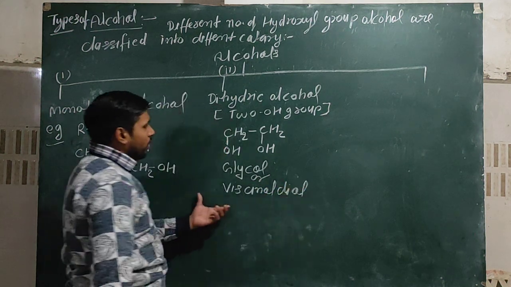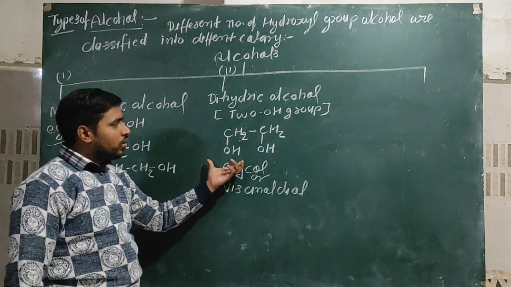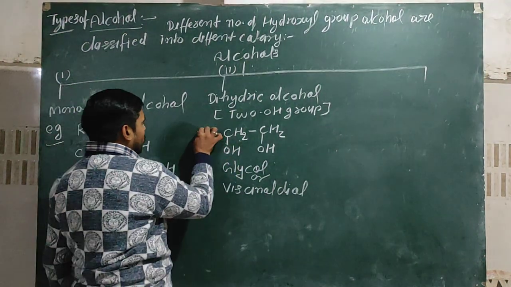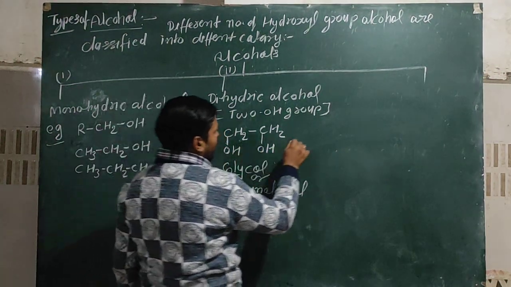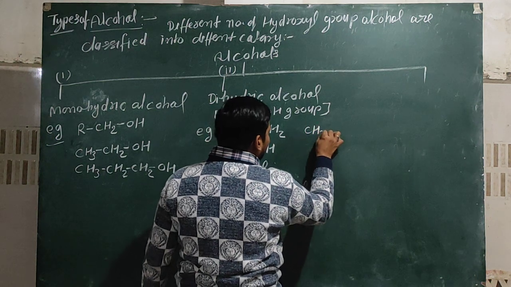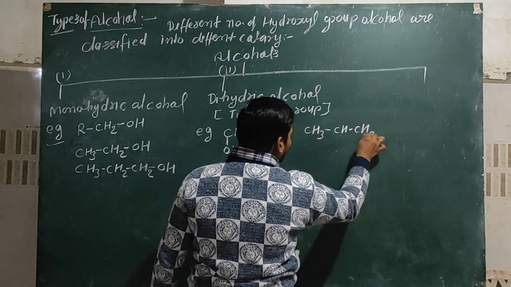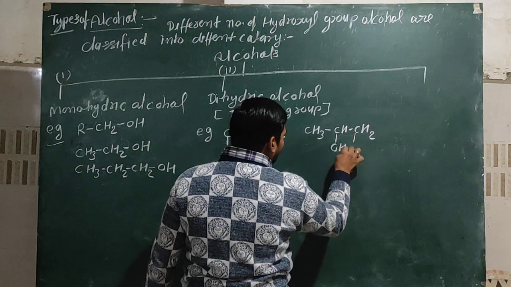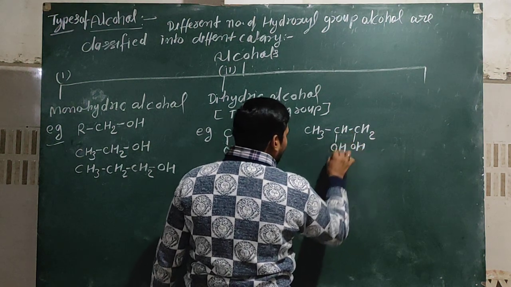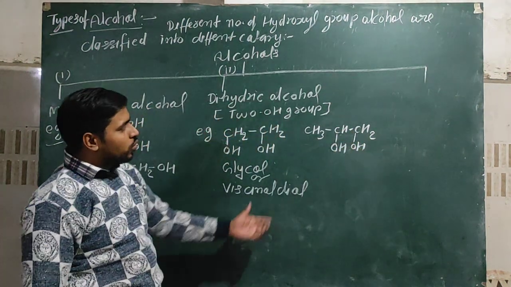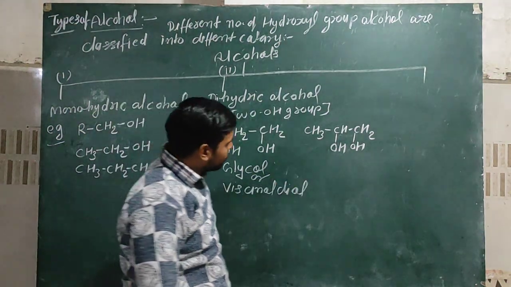It is the name of dihydric alcohol. Except this, you can see another example, in which CH3, CH and CH2. It is also a type of alcohol which contains only two OH groups in its structure.